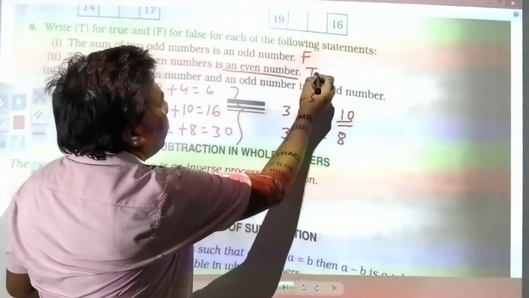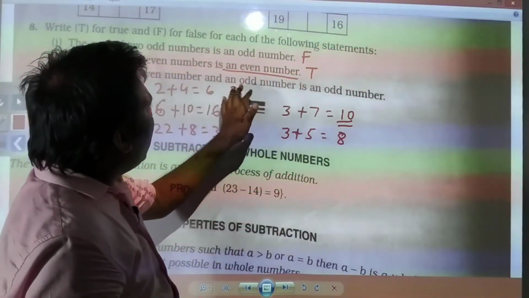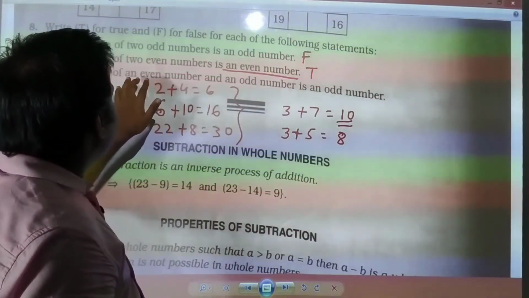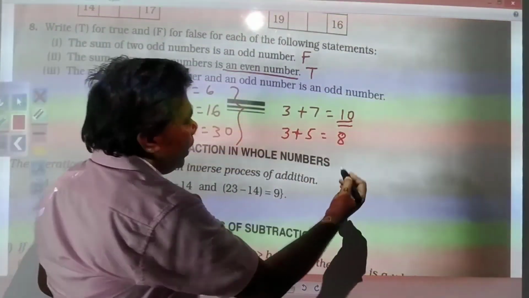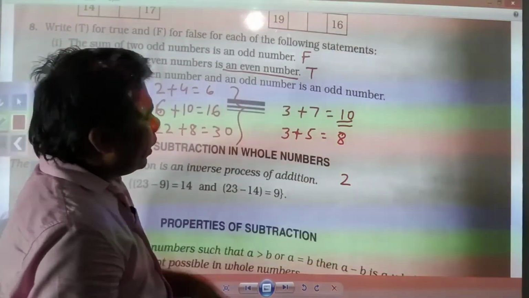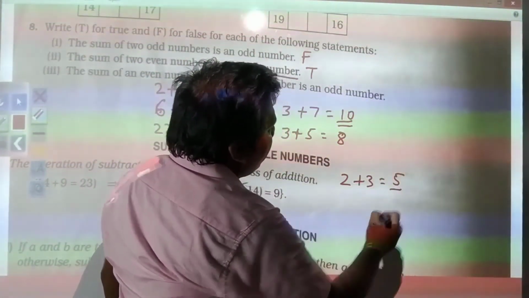So this is true. The sum of an even number and an odd number is an odd number. Here, if you try an even number 2 and an odd number, suppose 3, what have we got? 5.